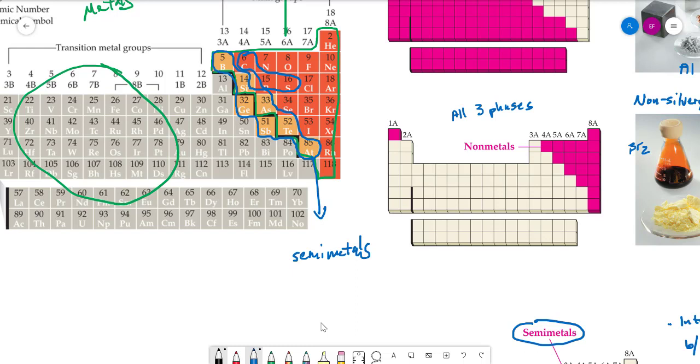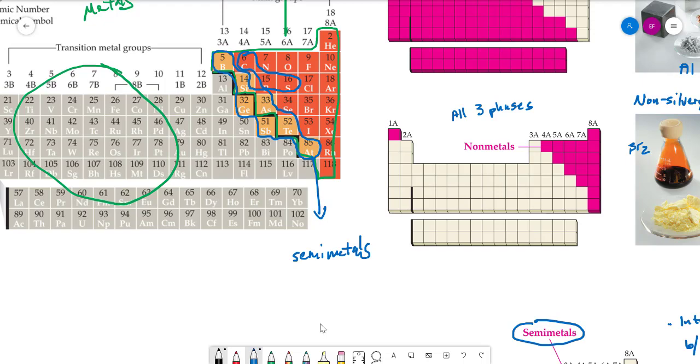Germanium is very similar. Lots of microchips are based on germanium. Arsenic is often a component of really expensive, high performance photovoltaics, like on the Mars rover, where we use gallium arsenide or gallium antimonide. The same is true with tellurium and selenium. We often use cadmium telluride as a common photovoltaic.